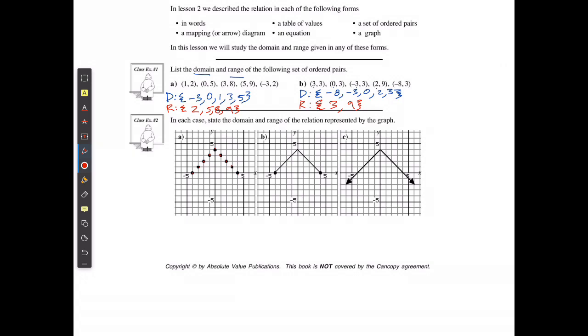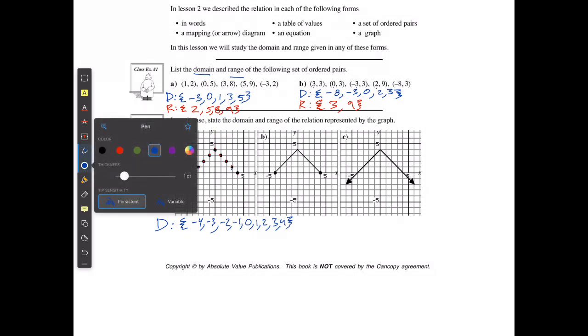If I'm listing what the domain is for the first one, I'm going to say that it goes from -4, -3, -2, -1, 0, 1, 2, 3, and 4. So just go from left to right and list them: -4, -3, -2, -1, 0, 1, 2, 3, and 4.